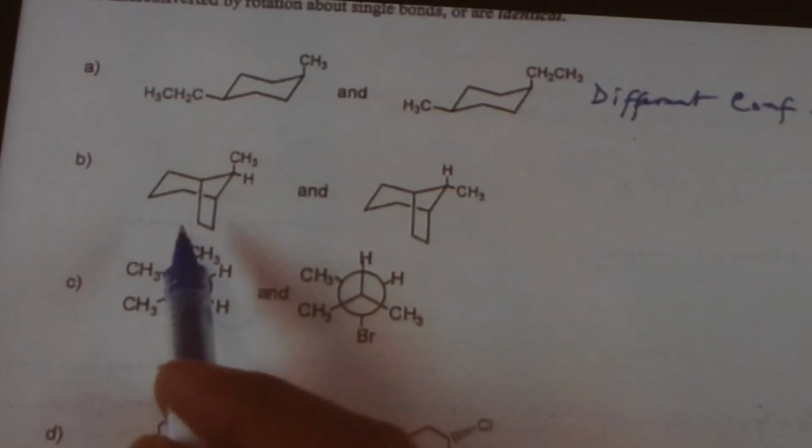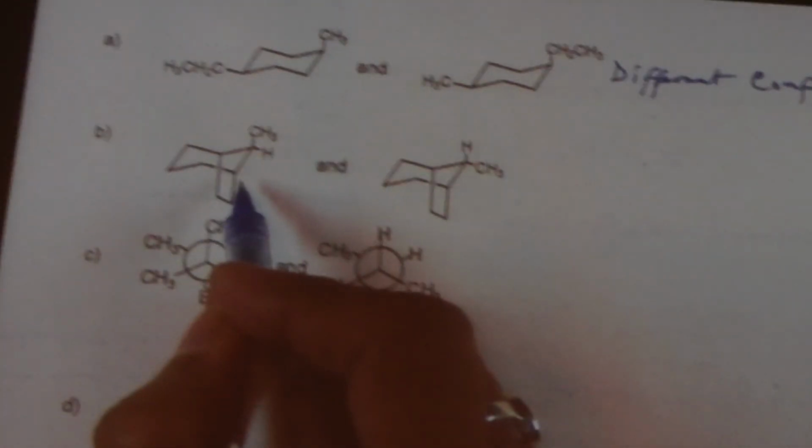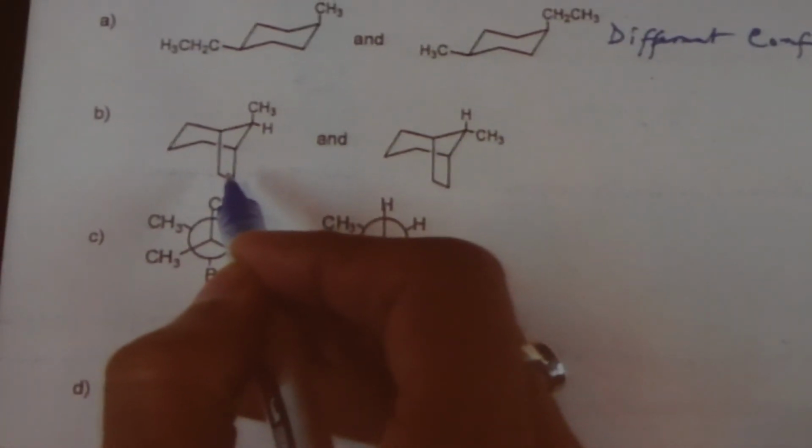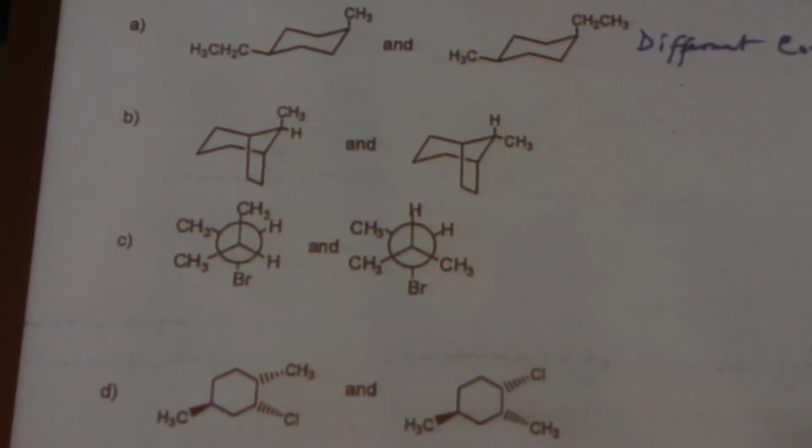Now, the same thing is true here, except for the fact that you have a second ring system, which makes this one unable to actually flip. Because there are two axial bonds, they cannot be made equatorial. And therefore, this is locked. And once it's locked, then they are no longer conformers, they become stereoisomers.